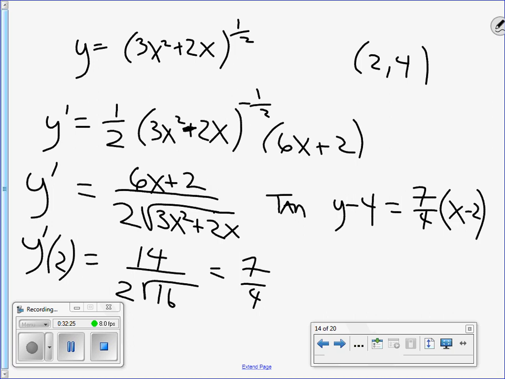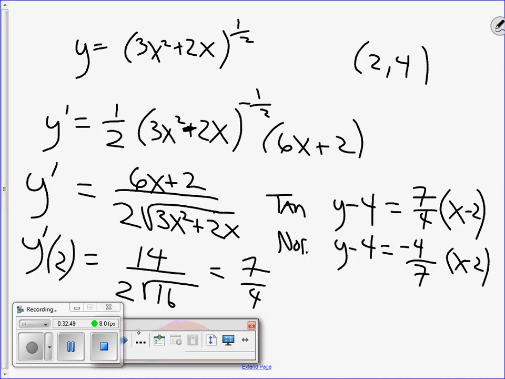And then if they ask for the equation of the normal line, like they did here, y minus 4 equals negative 4 sevenths, x minus 2. So that's the equation of the normal line. But then you look at the choices. Oh, no. Okay. Well, here's what you do. First of all, you notice none of the choices have fractions.